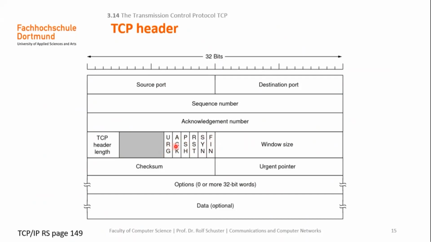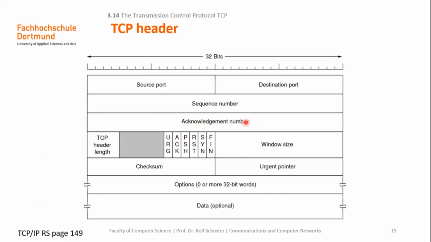Remember to distinguish the acknowledgement bit and the acknowledgement number. The acknowledgement bit is only one bit that is set, in fact, in any segment, and this flag says that the acknowledgement number is significant.